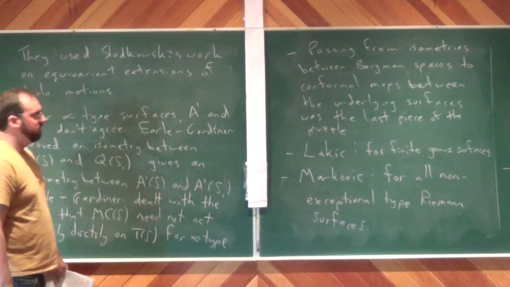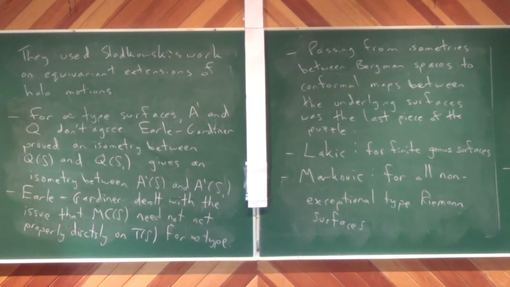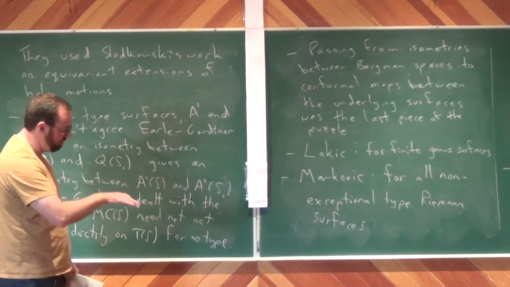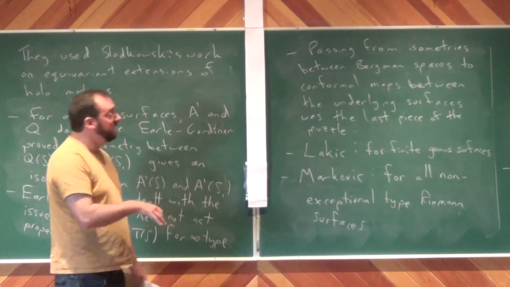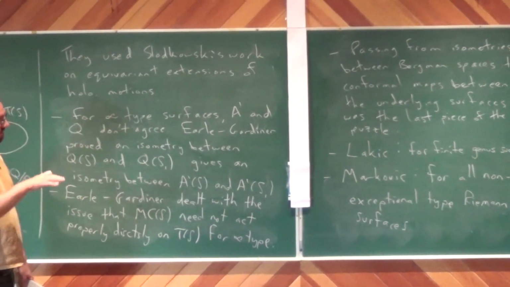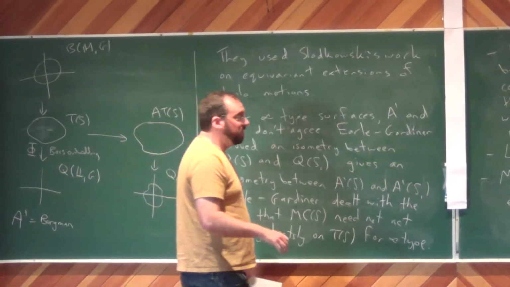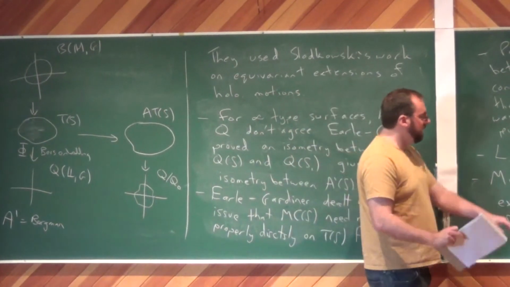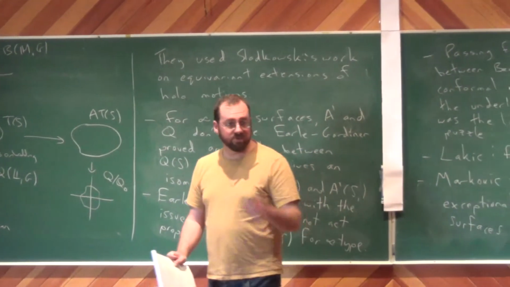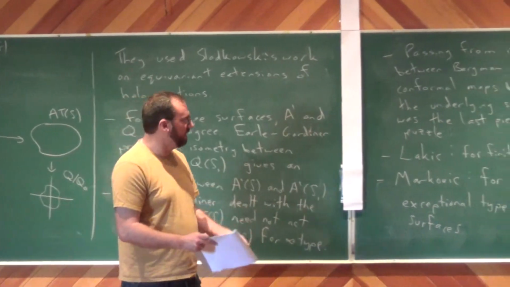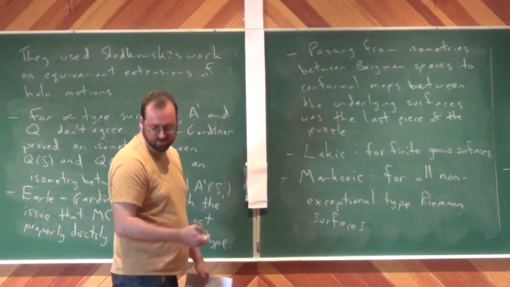So as long as your Riemann surface is non-exceptional, which means it's not one of those small list of surfaces you started with, so as long as 2g plus m is greater than or equal to 5, then Royden's theorem is true. Every biholomorphic automorphism of Teichmüller space is induced by a quasi-conformal mapping underlying the surface.